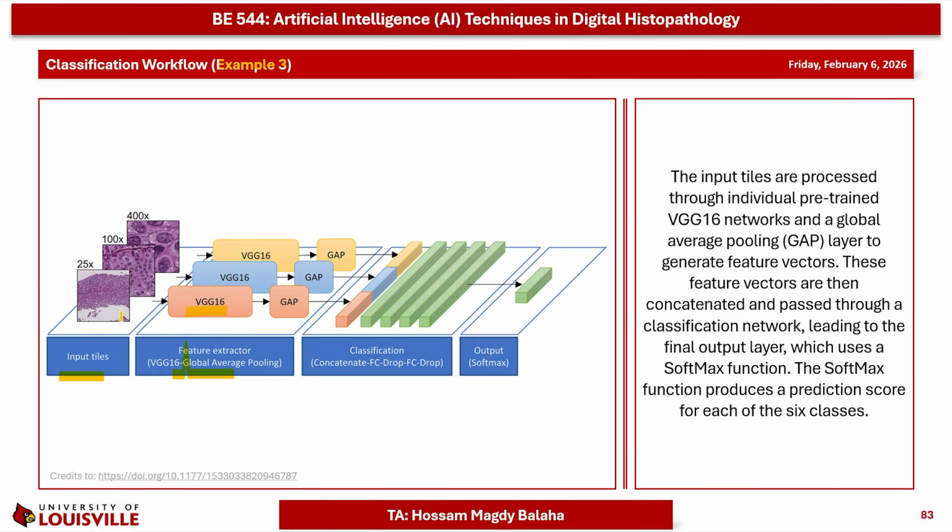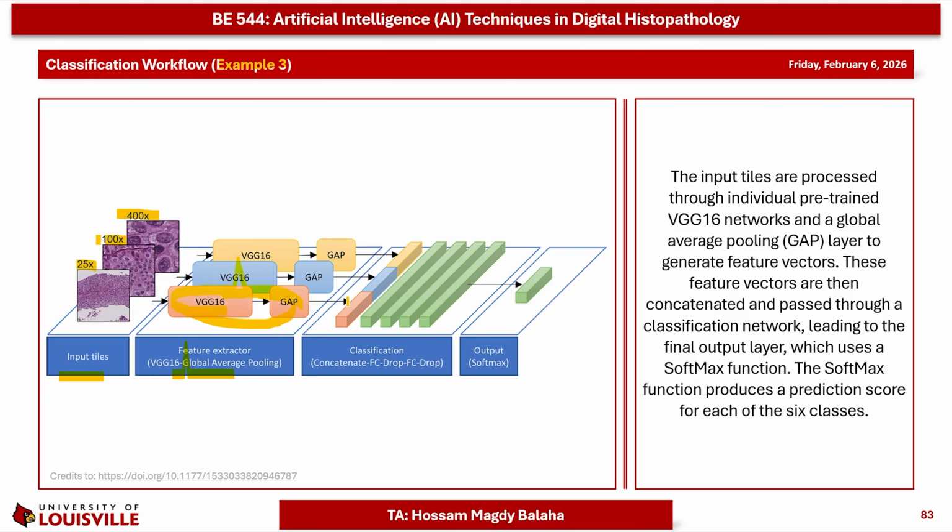If you notice, at the input level the authors use tiles from different magnifications: 25x, 100x, 400x. Each got a specific model. Let's say this will be the feature extractor point.